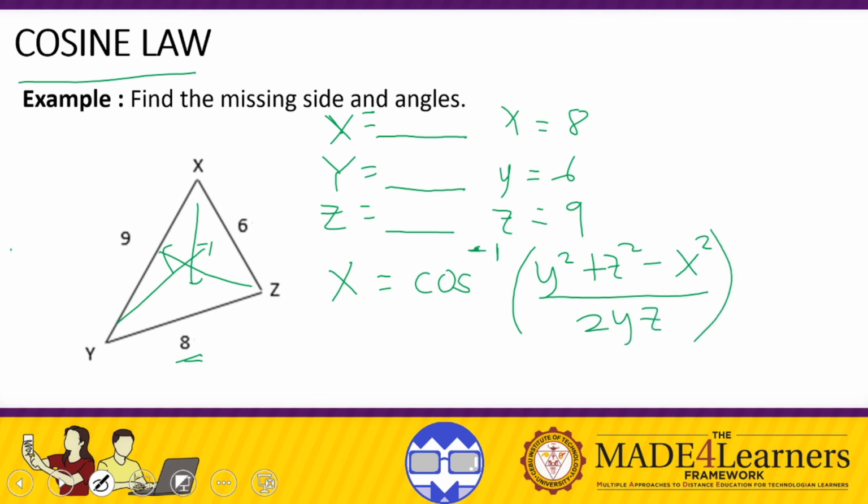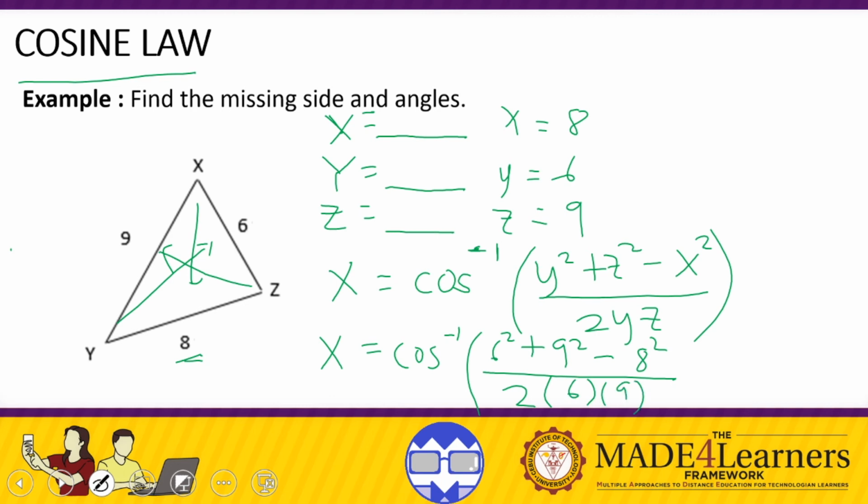Okay, then we substitute. So our capital letter X will have arc cos of y is 6 squared plus z is 9 squared minus 8 squared all over 2 times 6 times 9.